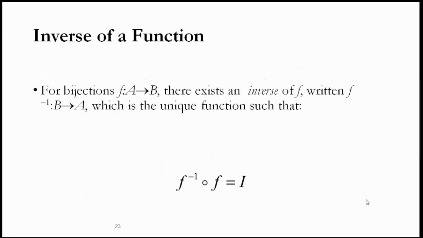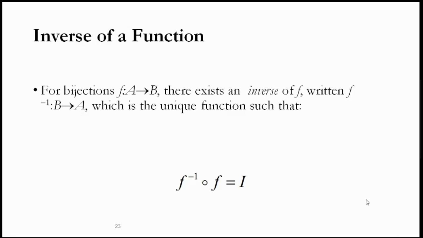So far we have seen the composition. Previously we have seen the function definition, then one-to-one functions, onto functions, and bijection. Then we have seen the composition of functions. Now we are going to see the inverse of a function.